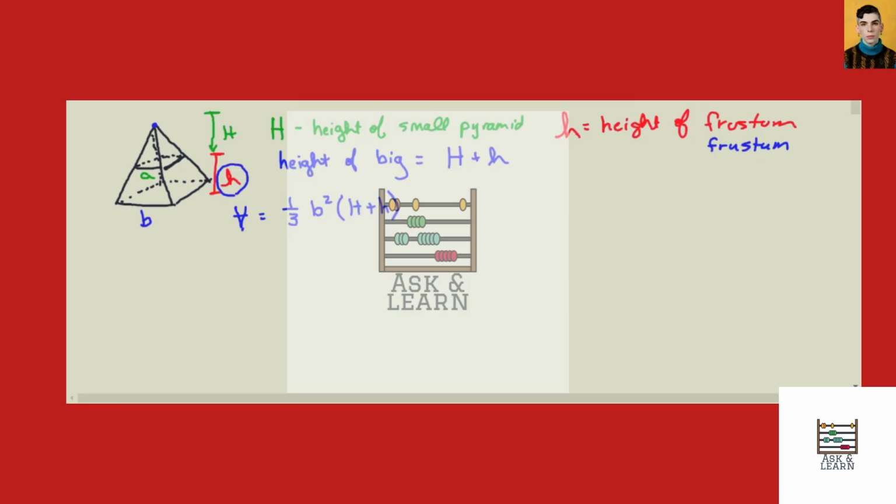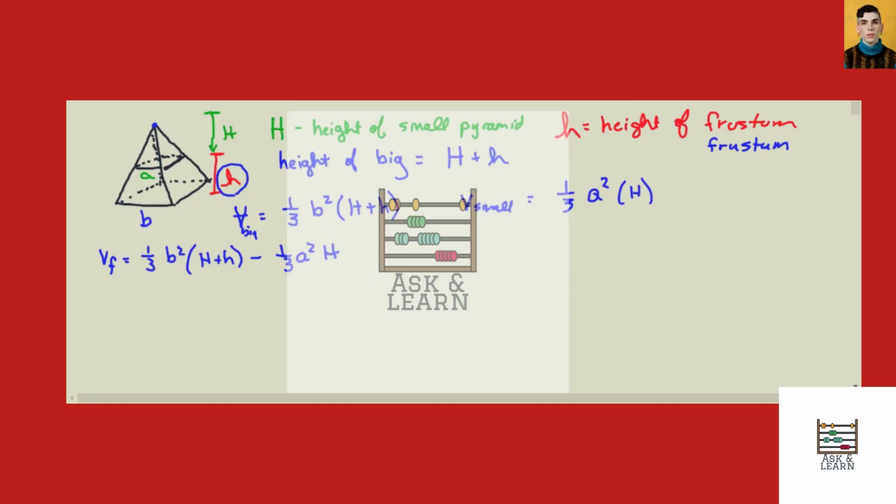So this is the volume of the big one, and the volume of the small is 1/3 the area of its base times its small height, big H. So the volume of the frustum I'm interested in is 1/3 B squared times big H plus little h, minus 1/3 A squared big H. Now I need to do a little bit of work about big H and little h.